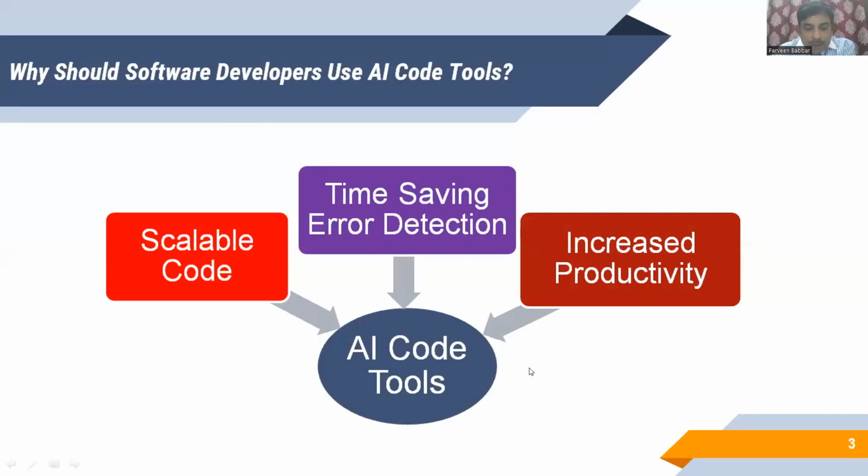So why should software developers or library professionals who are coding use them? Because there are three major factors: it saves time through error detection, it increases productivity, and obviously the major factor is the scalable code which we get from it.